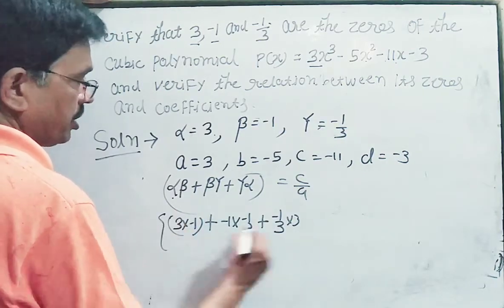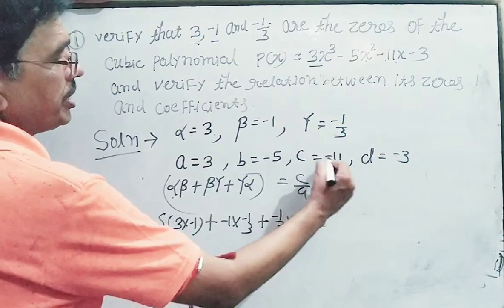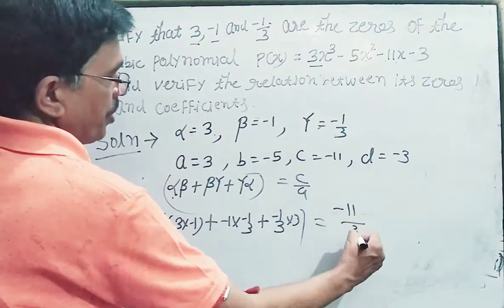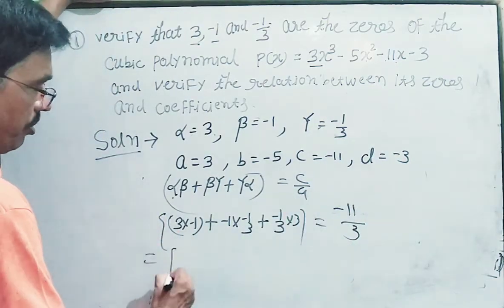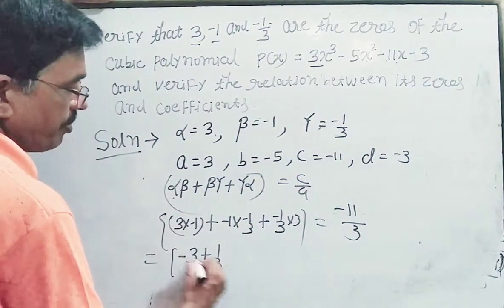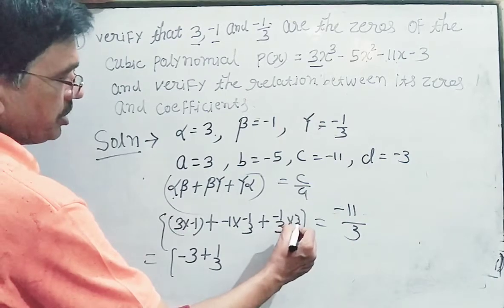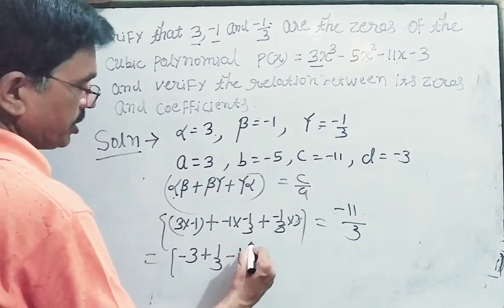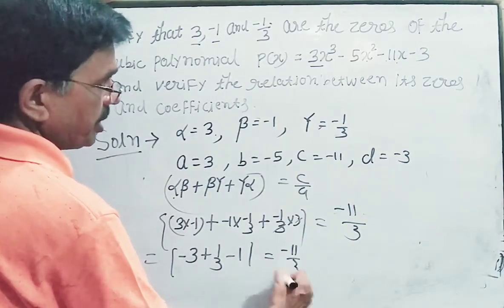It is the relation. Next, C by A. What is C? Minus 11 by 3. Now solve, you get here minus 3, here minus minus plus 1 by 3, and here 3 cancel, that is minus 1. It is minus 7 by 3.